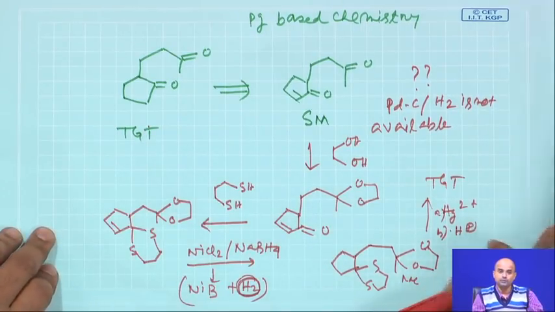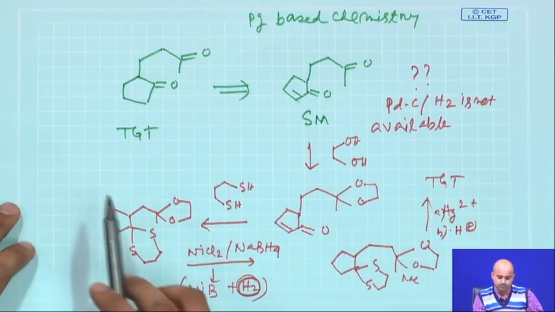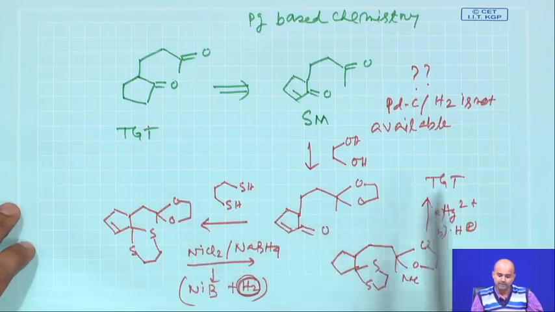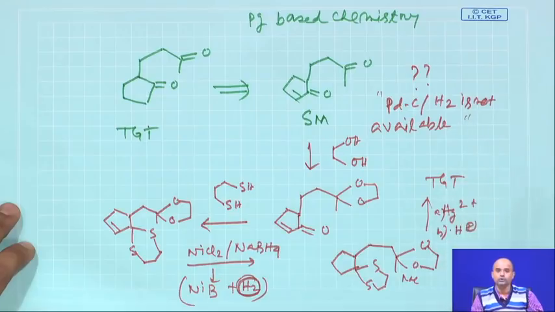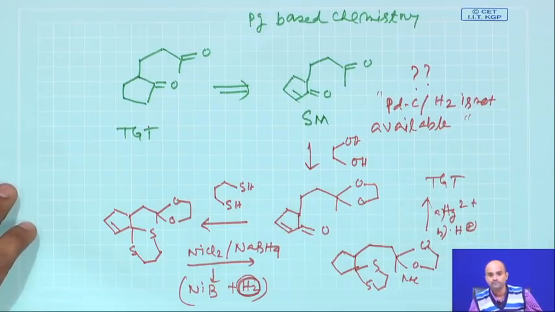So, in this synthetic pathway we have seen that if certain reagents are not available to you, you have to find an alternative pathway, and probably this is a very environmentally friendly pathway, because palladium charcoal with hydrogen can sometimes cause fire; palladium charcoal is very difficult to handle in the lab.